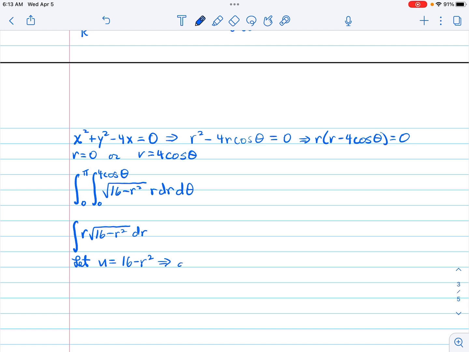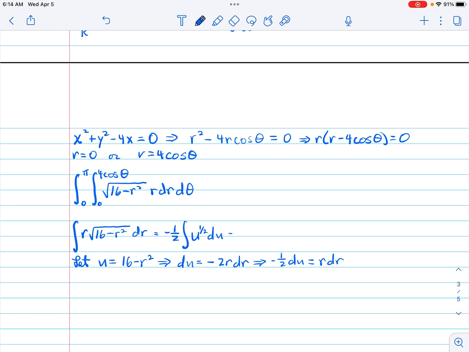And that means that du is negative 2r dr, or in other words, negative 1/2 du equals r dr. So I could rewrite this as negative 1/2 the integral of u to the 1/2 du. I replace the r dr with negative 1/2 du, and I replace the square root of 16 minus r squared with the square root of u.